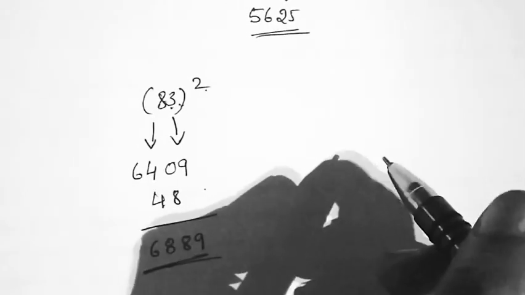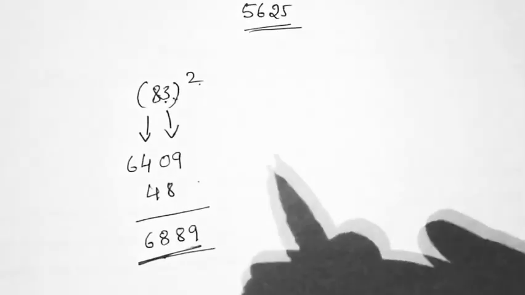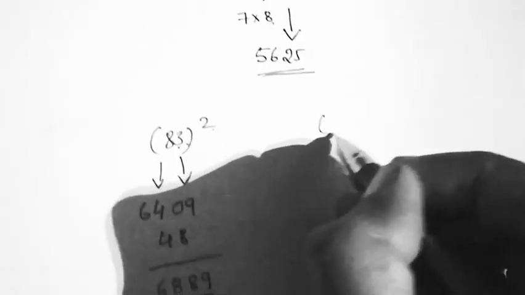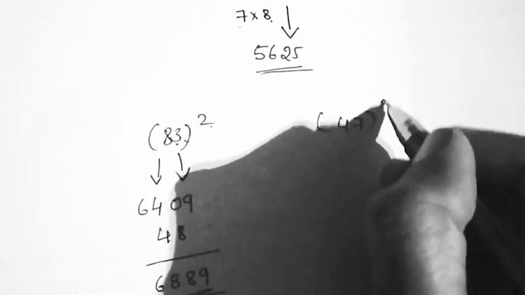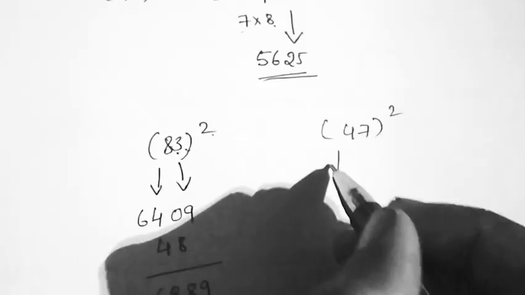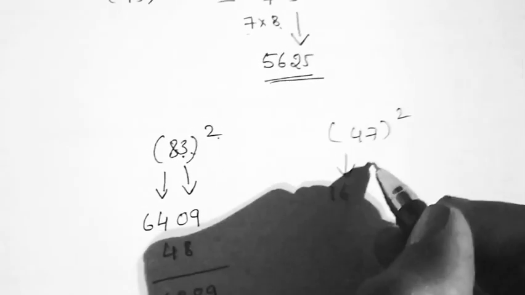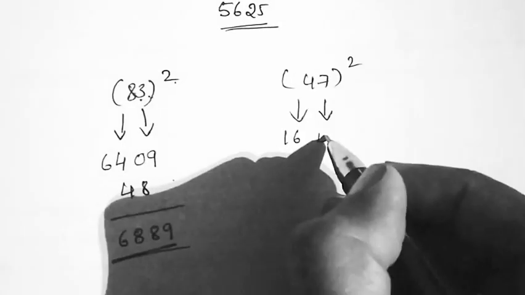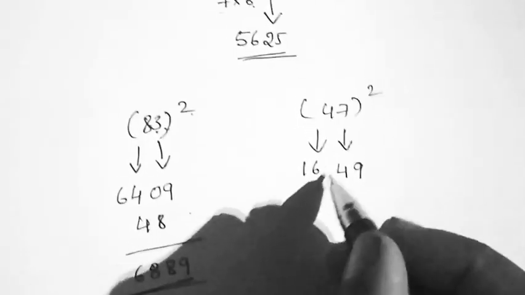So we can do one more. 47 square. 4 square is 16 and 7 square is 49.